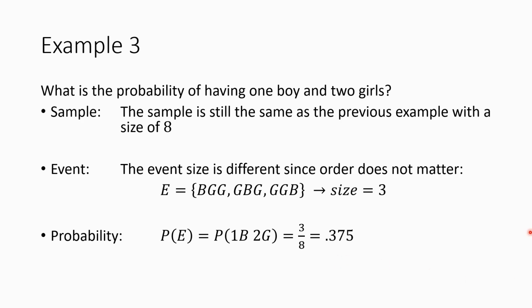So even though these two probability questions seem very similar, they ask different things. The first question asked for a specific birth order of boy, girl, girl, so there was only one outcome counted. However, the second question asked for any order with one boy and 2 girls, so we had 3 possible outcomes.